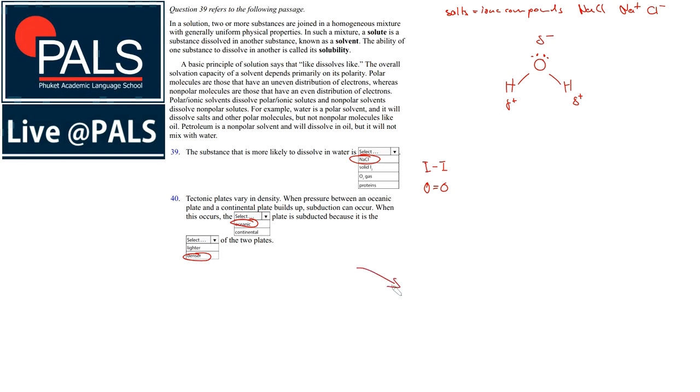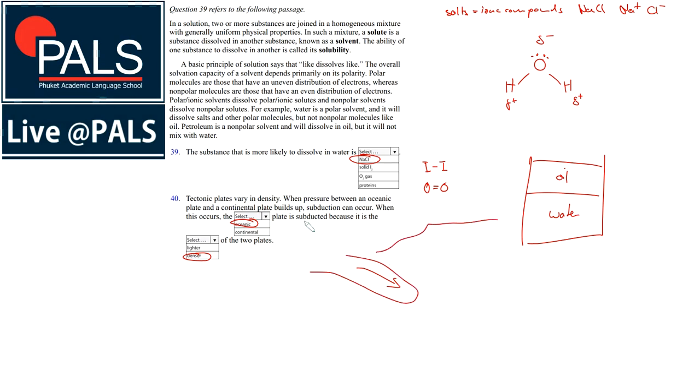You know that higher density usually sits below lower density, like if you mix oil and water: water has a greater density than oil, so we get two layers with oil on top and water below. The oceanic plate has a higher density, so it gets subducted below the continental plate.